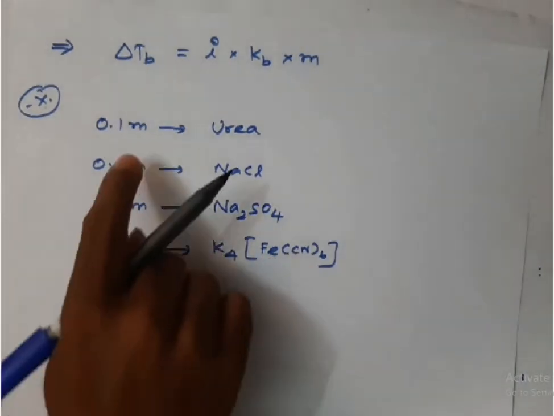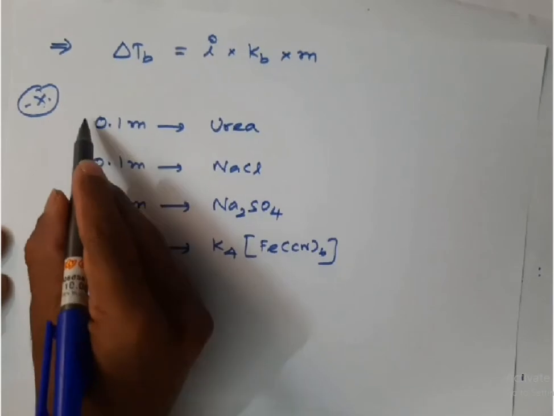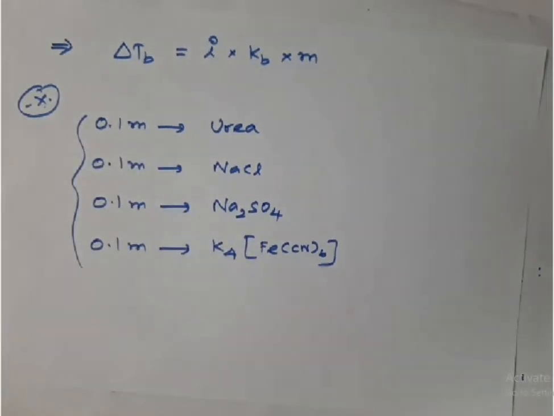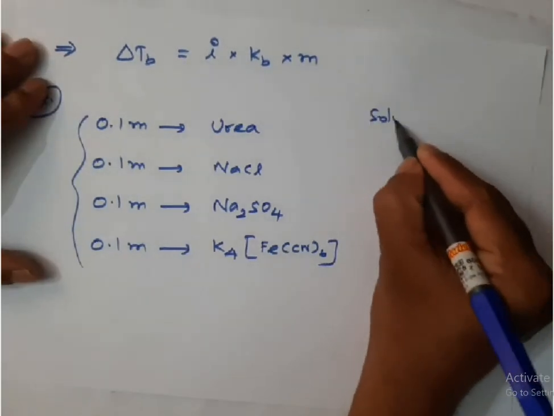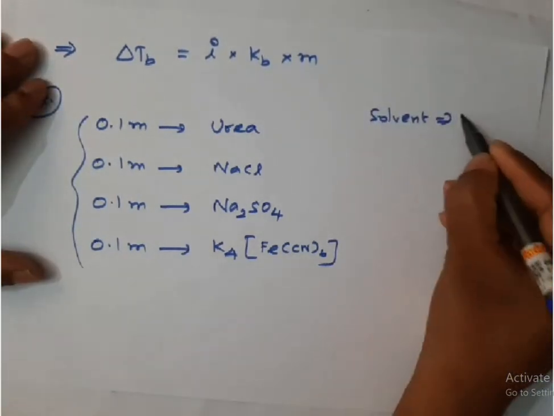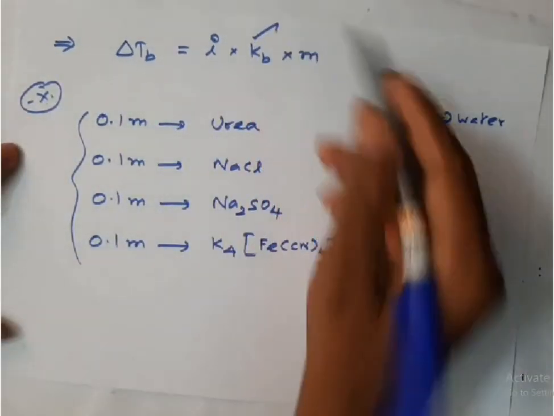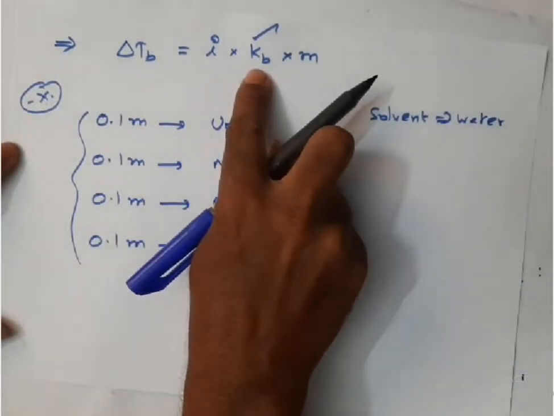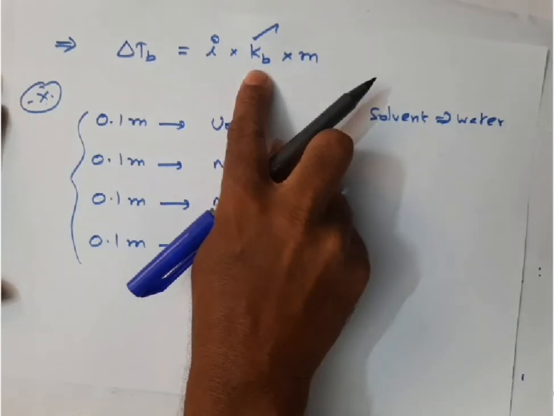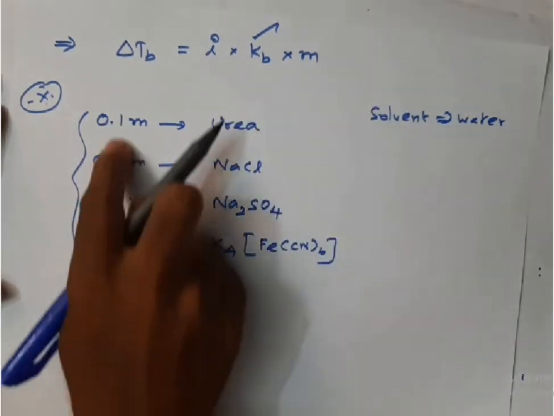All the solutions have the same molality, 0.1, 0.1, 0.1. All are aqueous solutions, meaning the solvent is water, so the Kb value is a constant because we are taking water. Molality is not different; all have the same molality.